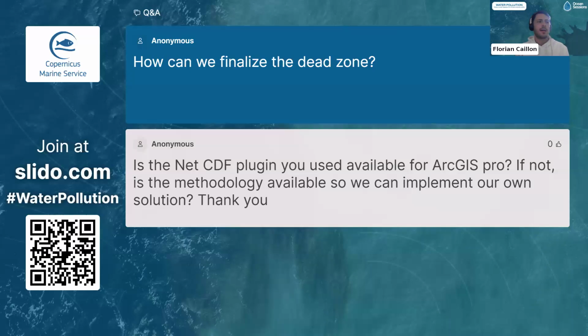How can we finalize the dead zone? I'm not sure what that means. I guess maybe it means, what's the conclusion? It is much harder to have a clear conclusion based on what we saw, because the best approach would be to look at more dates, maybe not every 15 days, but a bit more frequently.